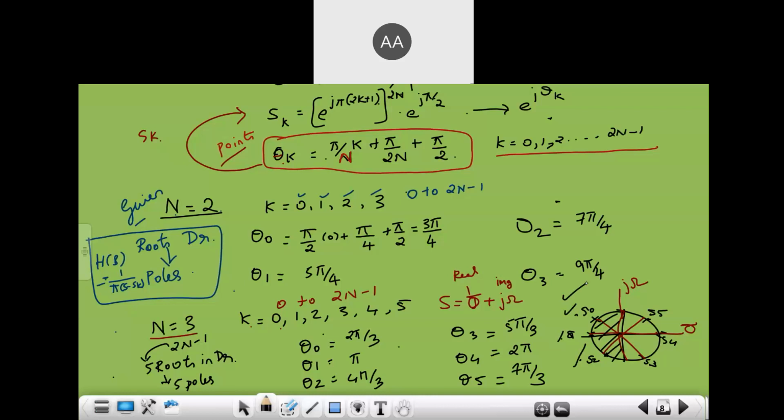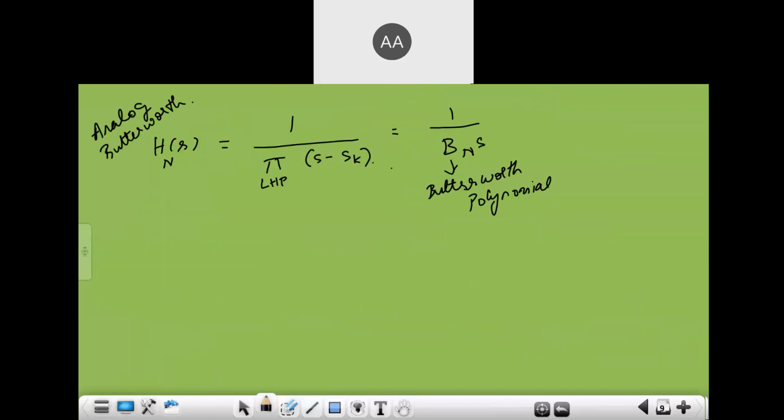Sk means e power j into theta k. E power j theta k means cos theta minus j sine theta, right? So you find out this and find out the real roots of the denominator. You substitute and find out the values.